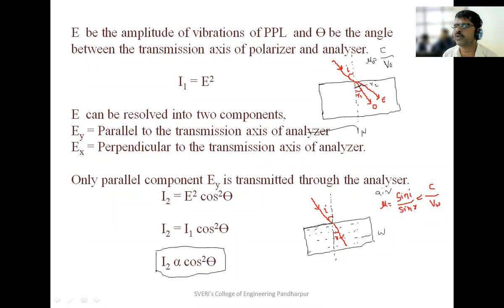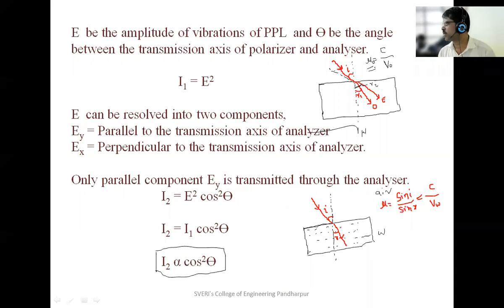Ordinary ray. We know that the velocity of the ordinary ray is the same in all directions. So the refractive index of the ordinary ray is also the same in all directions. Even if the direction or the angle of incidence changes, there is no change in the refractive index of the ordinary ray.